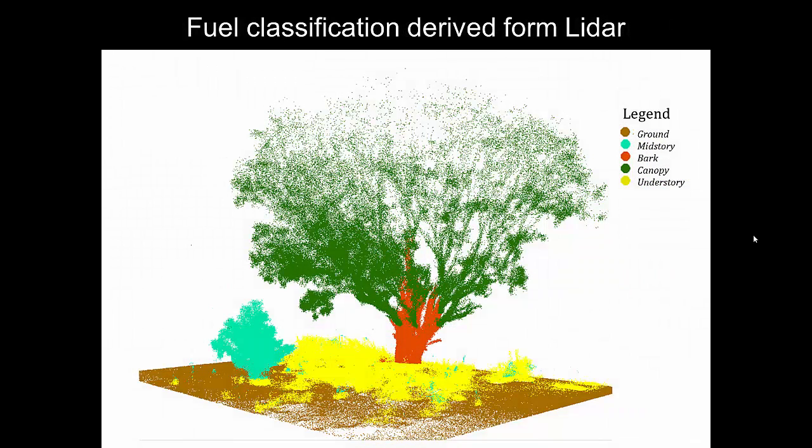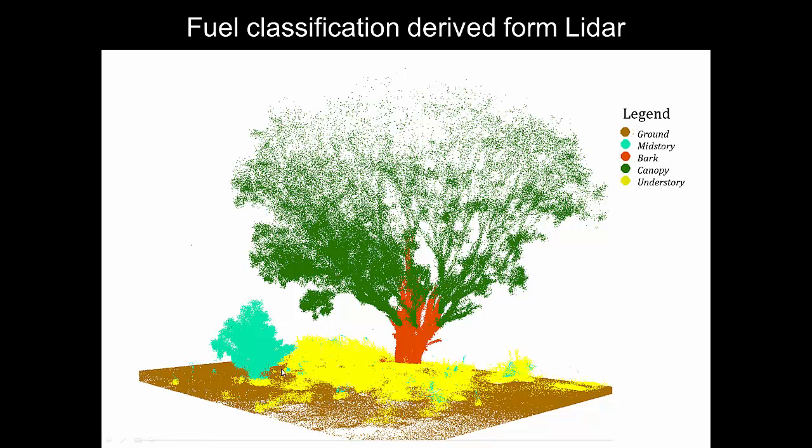So what can you do with the LiDAR point clouds? You can apply algorithms to retrieve a nice classification of the fuel array. Here, this is the result of our classification following different rules, which provides a nice map of different surface fuels.